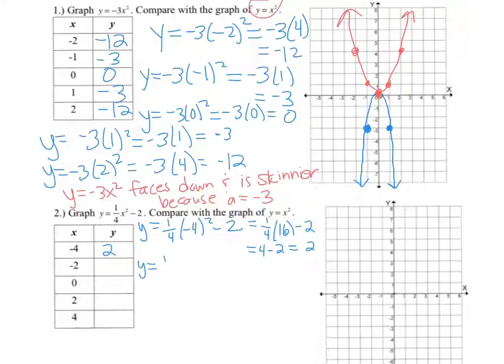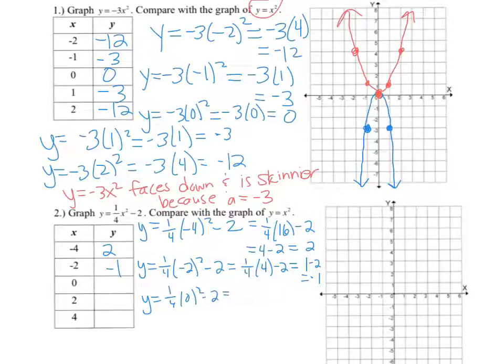If we plug in negative 2, we've got 1/4 times negative 2 squared minus 2. Well, negative 2 squared is 4. 4 divided by 4 is 1. And 1 minus 2 gives us negative 1. If we plug in 0, 0 squared is 0.